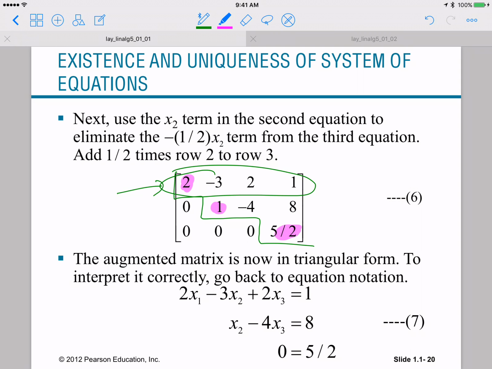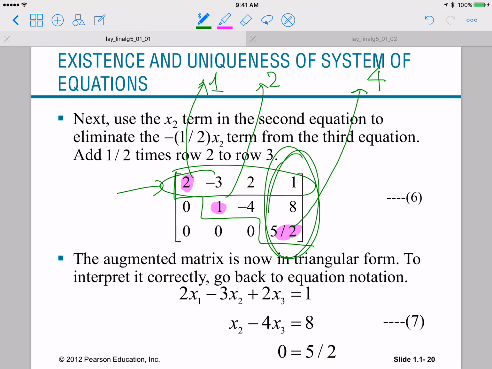And then let's think about the corresponding column of each leading entry. This one belongs to the first column, this one belongs to the second column, and this one belongs to the fourth column, right?